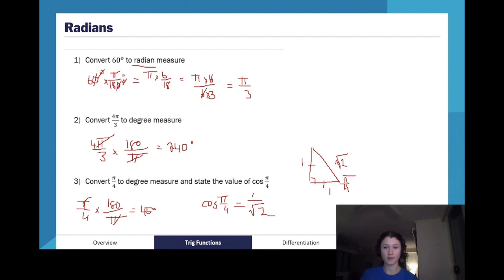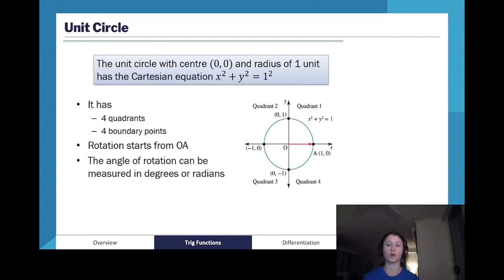Alright, let's get on to a little bit more about the unit circle. Our unit circle is a circle on our x and y axis, and it's centered around the origin, so it's right in the middle, and our circle has a radius of 1.